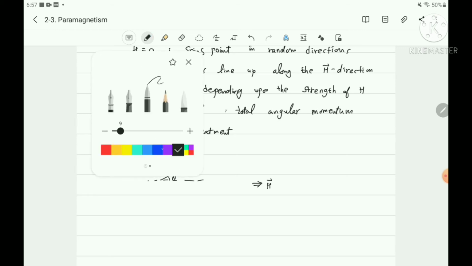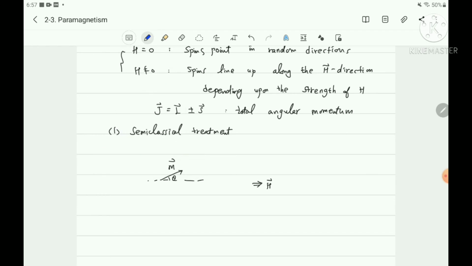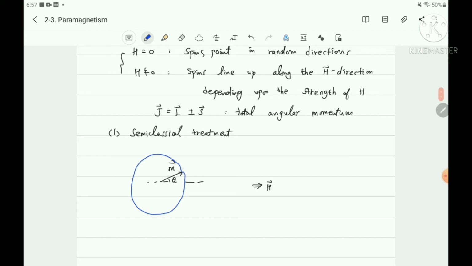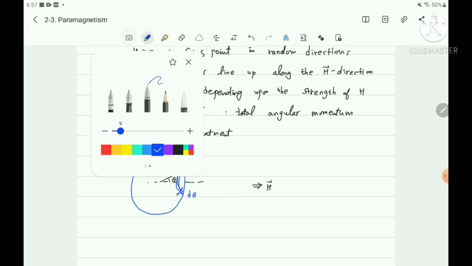We can consider there is a sphere like this, and the spin precesses at an angle between the magnetic moment direction and the magnetic field direction, with a small deviation of d theta.